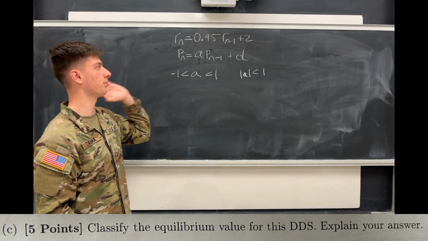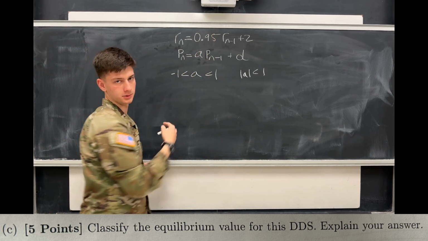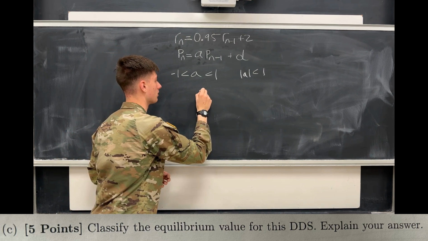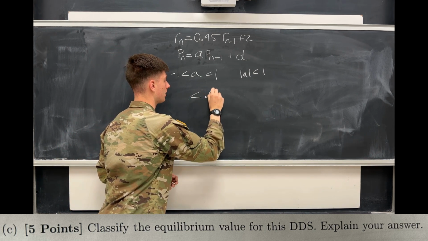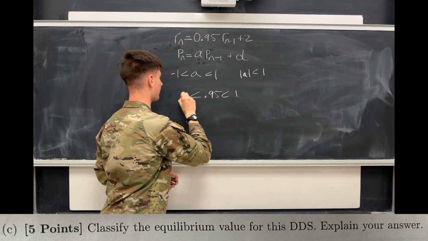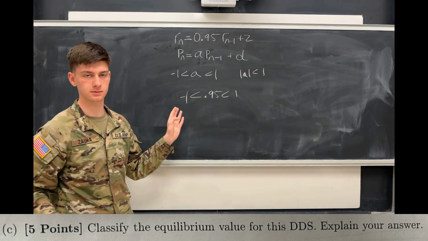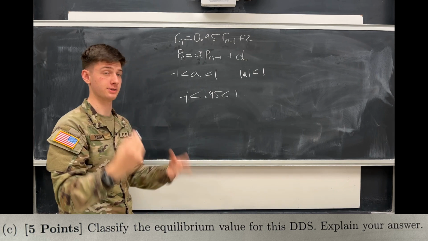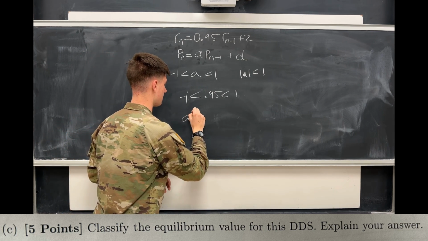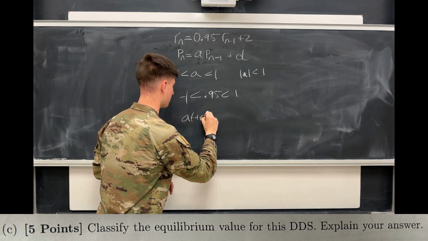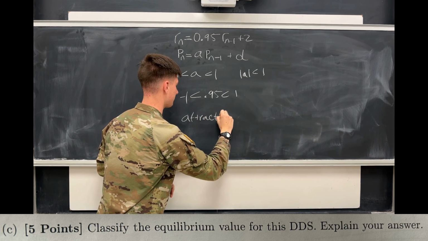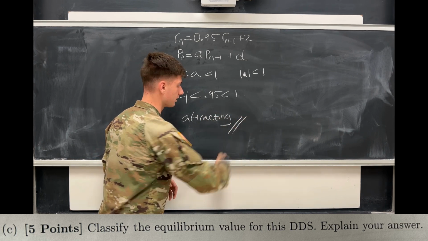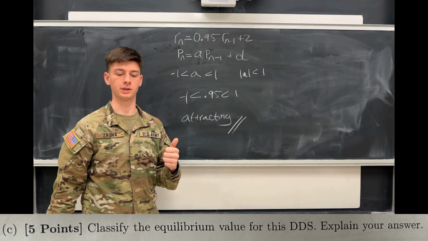So we're just going to plug in our A. A equals 0.95. So 0.95 does in fact fall between -1 and 1, which means that we can classify it as attracting. So we're going to call that A-T-T-R-A-C. Double underline. We're good to go.